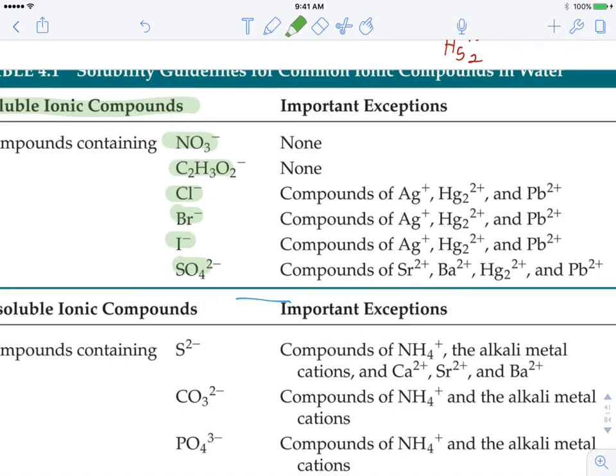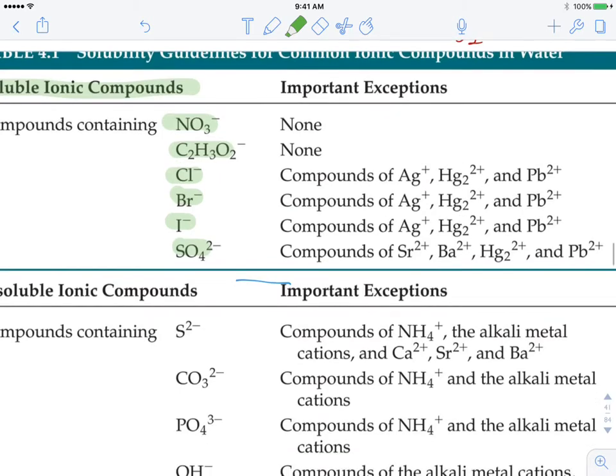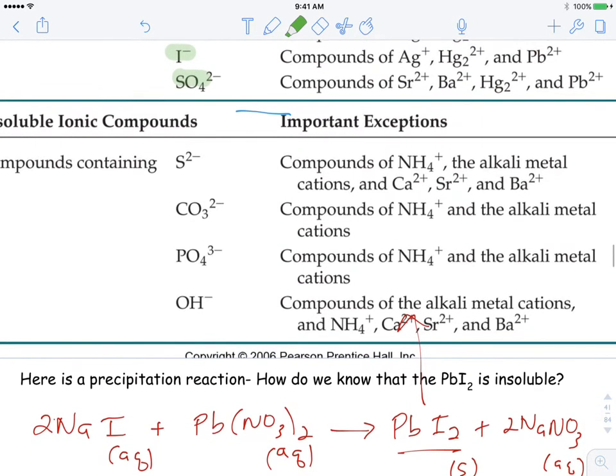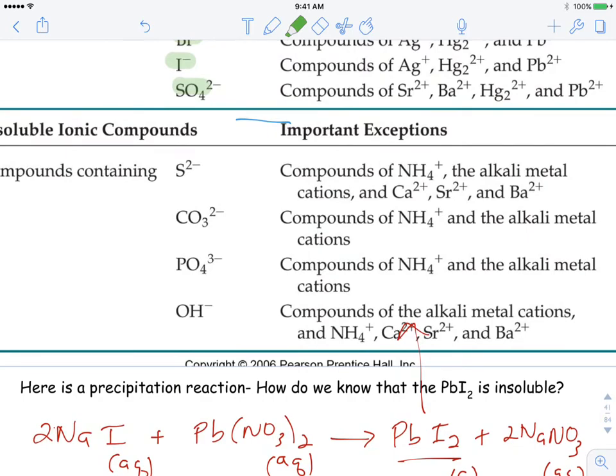With sulfate, you can add to the list strontium and barium. Silver sulfate is pretty insoluble too, but they don't list it here. And then there are some substances that are always insoluble: sulfides, carbonates, phosphates, and hydroxides.